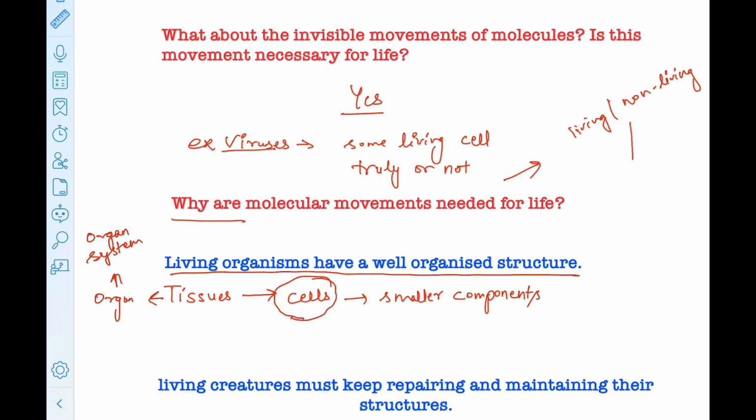So every living organism has a cell or tissue or organ or an organ system. But due to some environmental factors, this well-organized structure or order is likely to keep breaking down over time. So we need a system, or some processes, to maintain this well-organized structure.